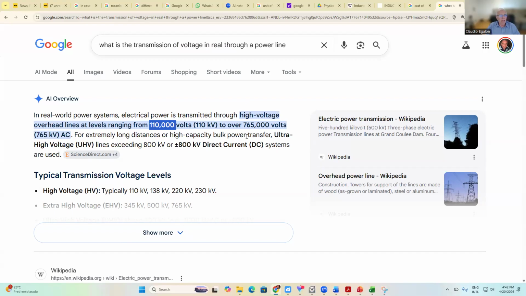We are talking about 1,000 times less than the voltage that's transmitted through the power lines. Here are the power lines, electric power transmission. And we want to bring that down to 120, 110 volts, or less.